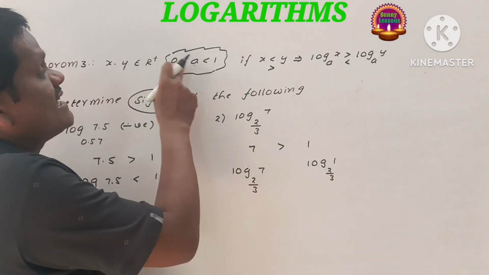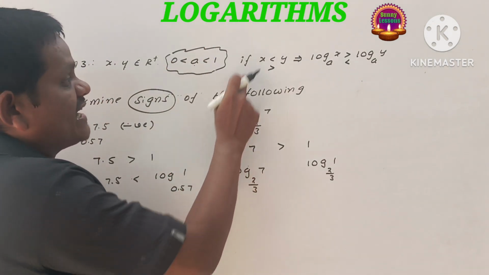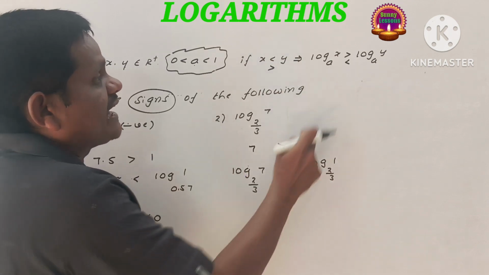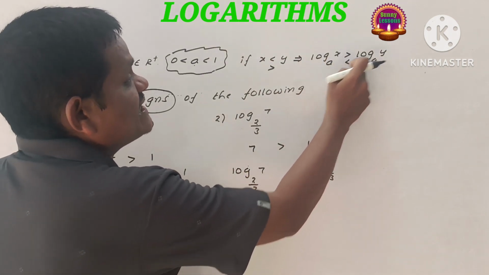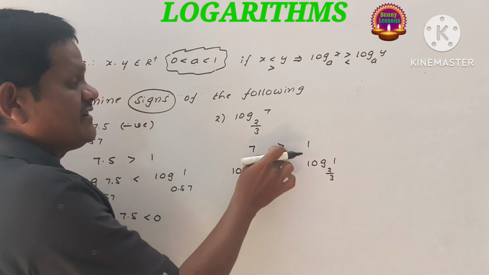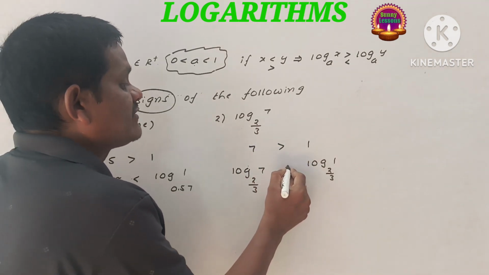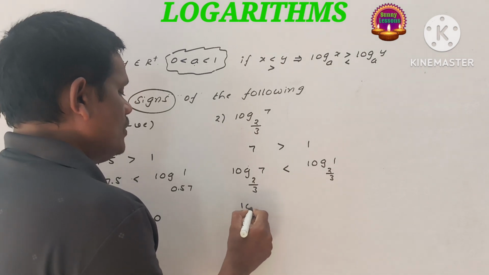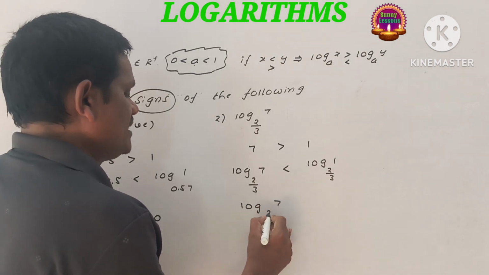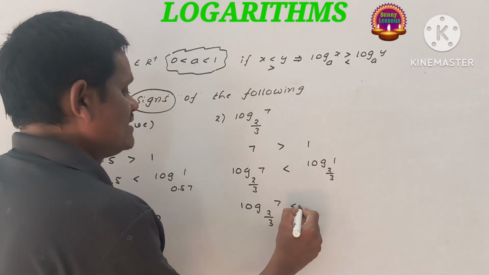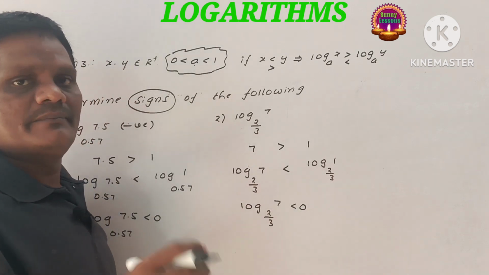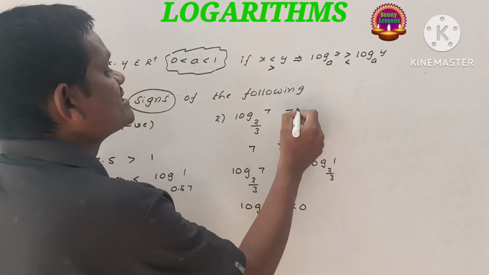Yes, if the base lies between 0 and 1 and x is greater than y, then log x base a is less than log y base a. So it will become less than. So log 7 base 2 by 3 is less than 0. So log 7 base 2 by 3 is always negative.